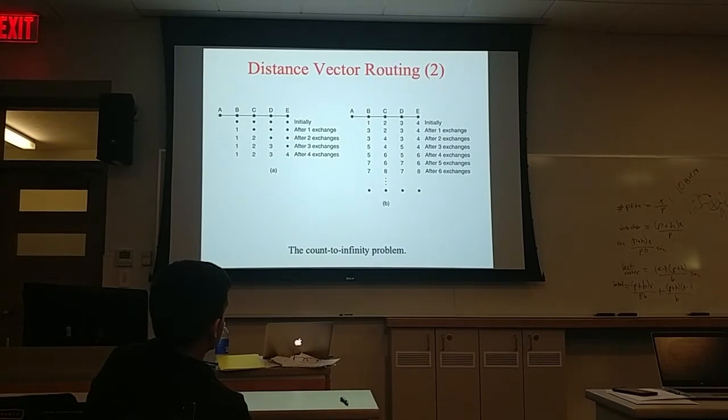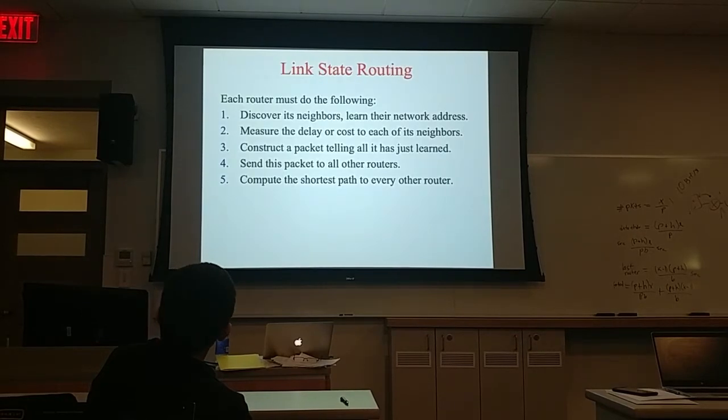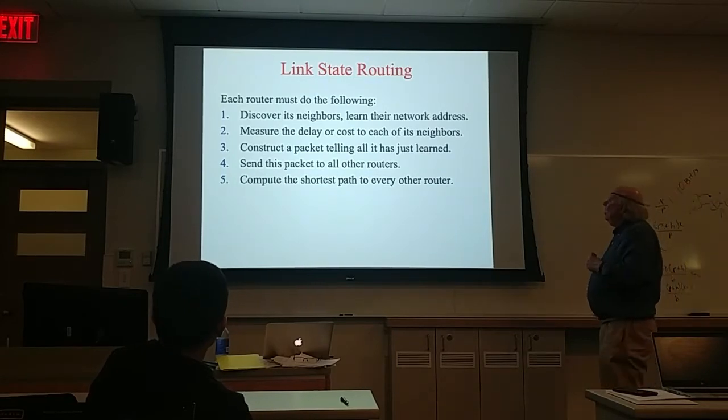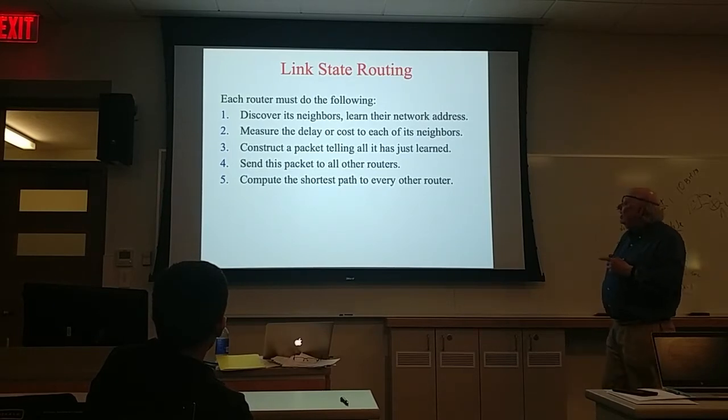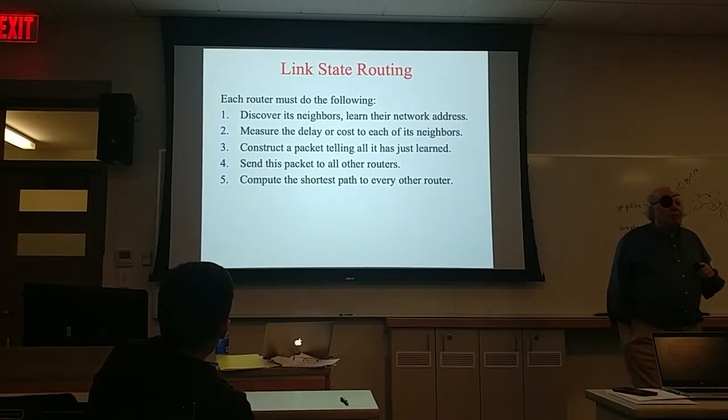So, in link state, what we do is we discover its neighbors, learn their network addresses, measure the delay or cost of each of its neighbors, construct a packet telling of all it has just learned, and send this packet to all the other routers.